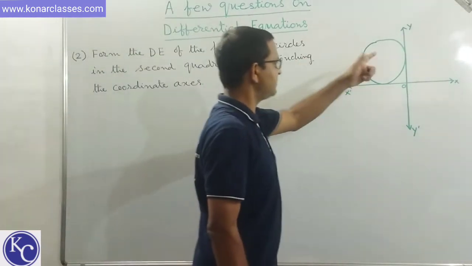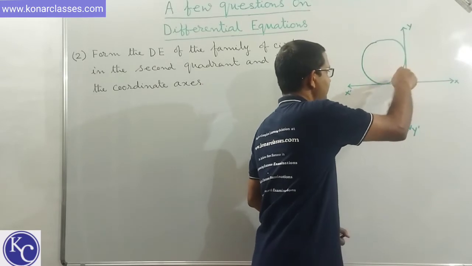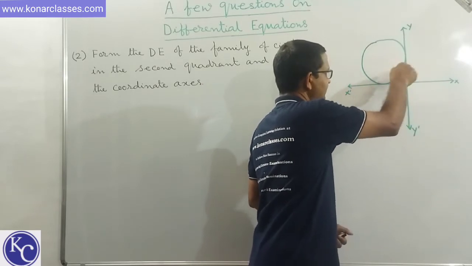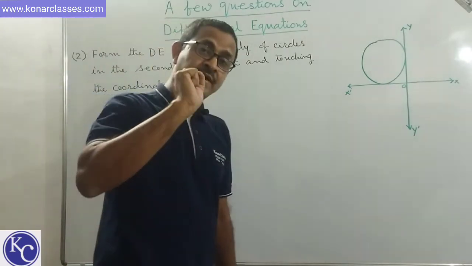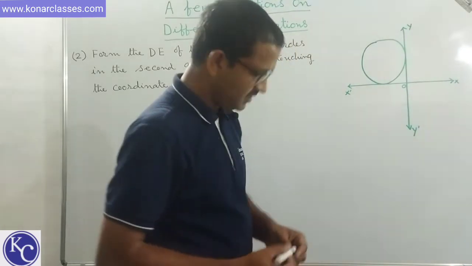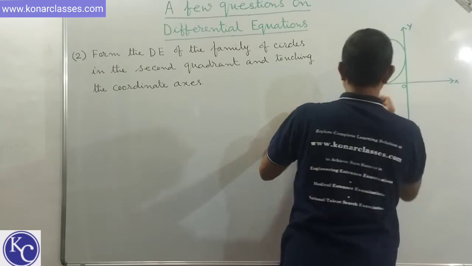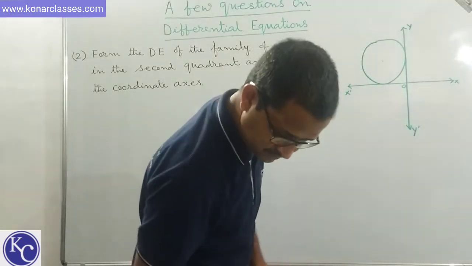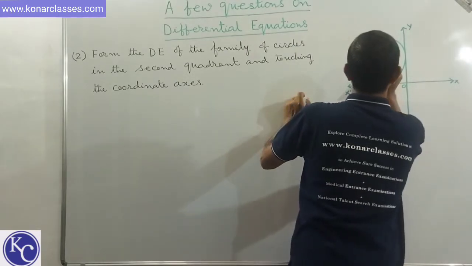So there will be many circles, something like this. I have drawn many circles, each in the second quadrant, touching both the coordinate axes. We need to find a differential equation representing this family of circles. Okay. So let us take this particular one, dear students. Let's take this point as the center.